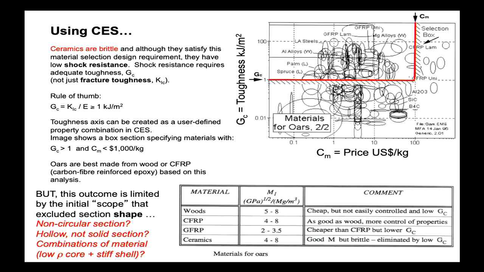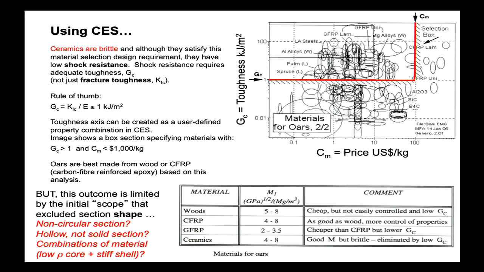So then we could think about, well, okay, we've got a toughness value. In CES it's great because you can get rid of all the clutter. You can just have your candidate materials from a first pass of what I was doing with density and stiffness, and they go into this chart of toughness versus cost.